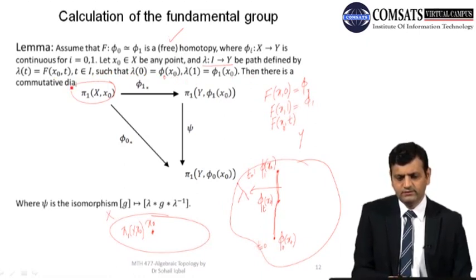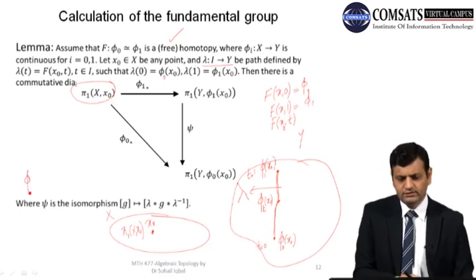Then there exists a commutative diagram. So what is this diagram? This diagram says that phi naught is a continuous function by assumption, so this is a continuous function from (X, x naught) to Y with the image of x naught, phi naught of x naught.